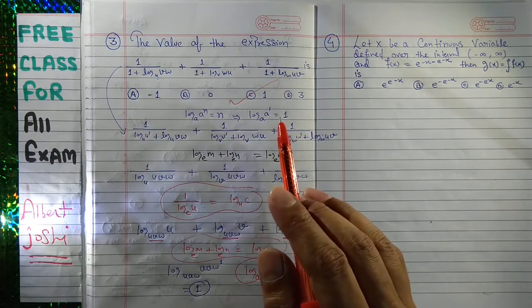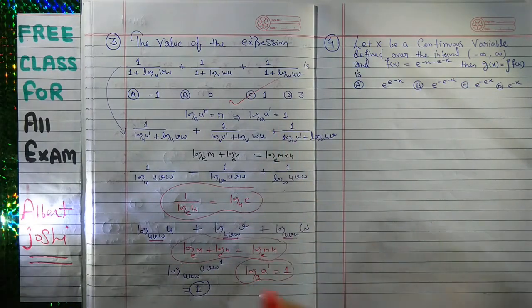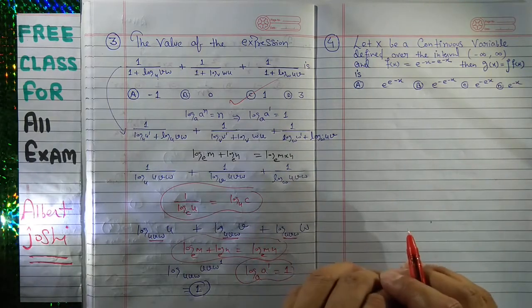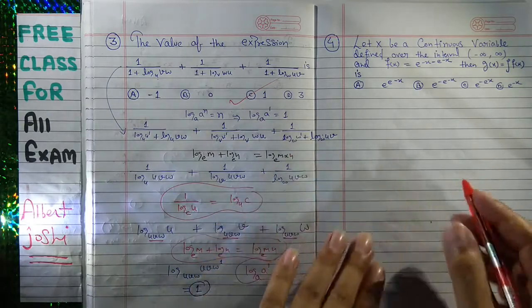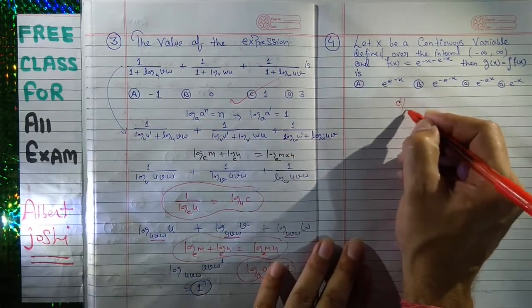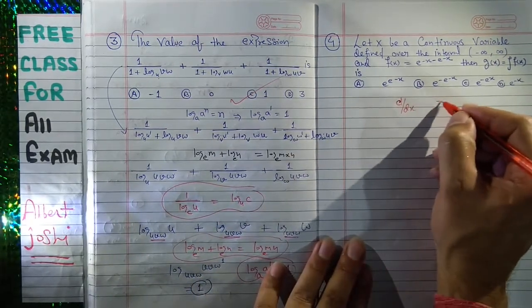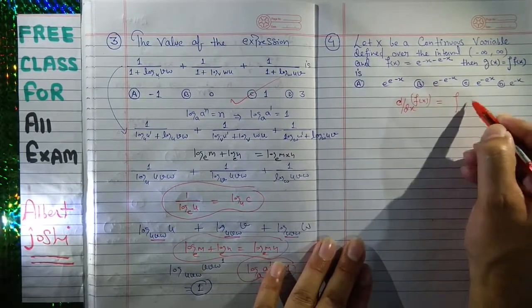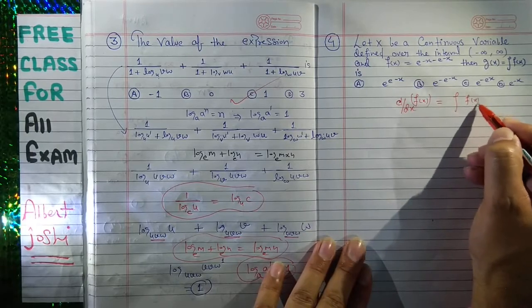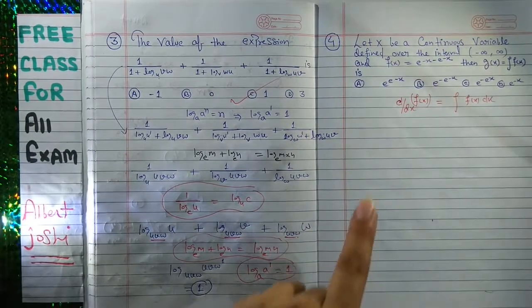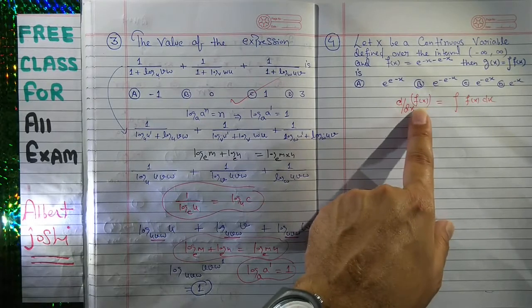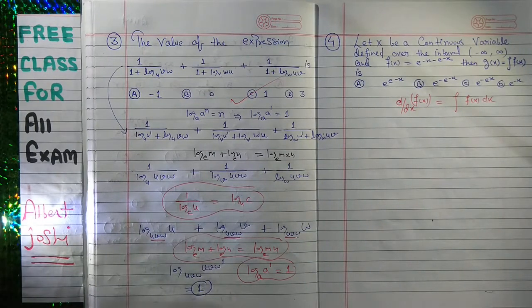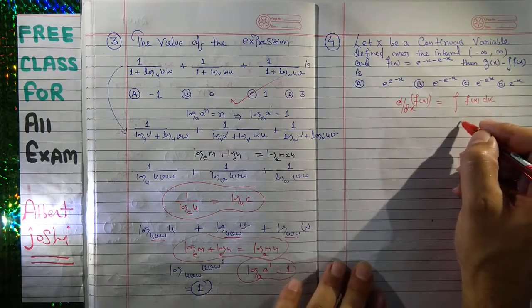Now the first thing you have to understand is that there is only one function which, after differentiation and integration, gives the same result, and that function is e to the power x.